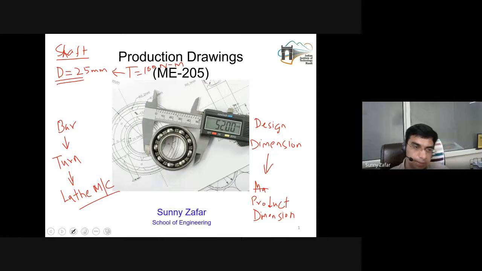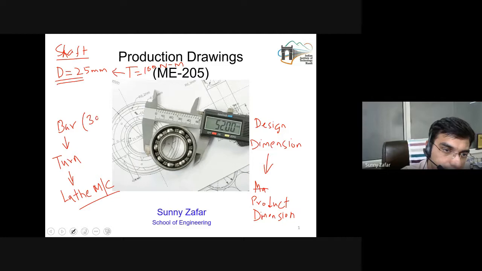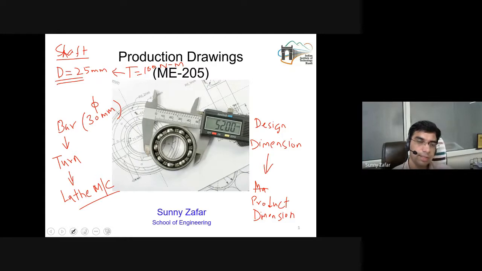Now, what is going to happen? Say I take a bar stock of 30 millimeter diameter. Diameter is represented by this phi in many drawings. The initial diameter was 30, so after turning on the lathe machine, I obtain a diameter of 25 millimeters.